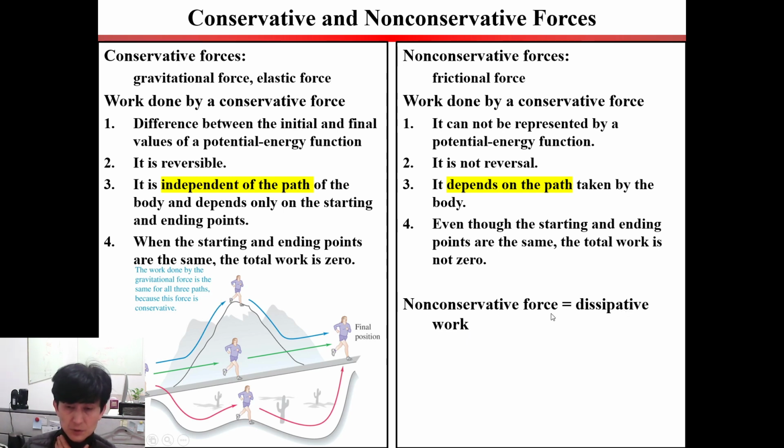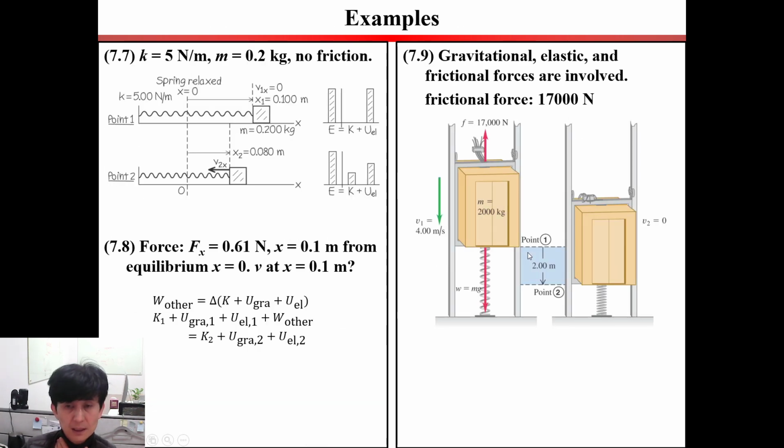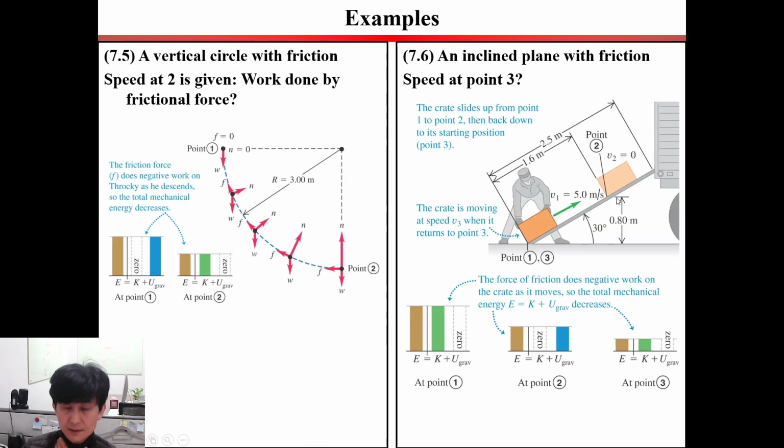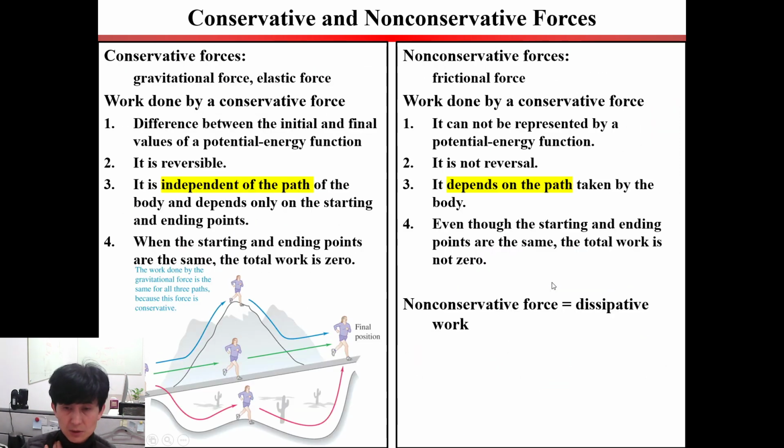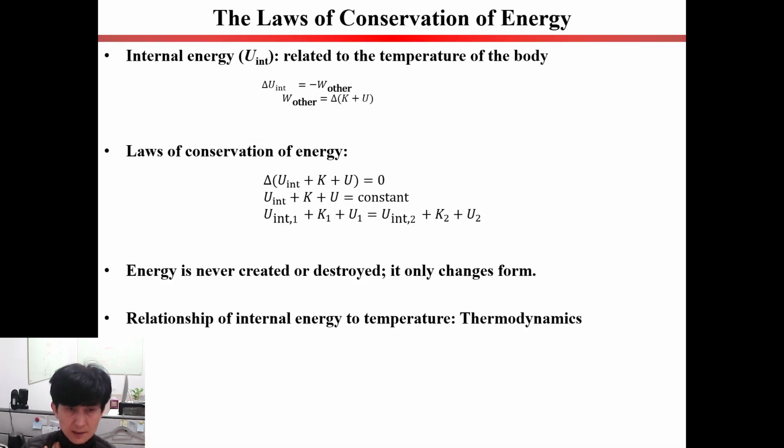For example, frictional force provides heat and sound. If there is a frictional force between an object and a surface, it may provide heat as well as sound. And so the energy is lost to heat energy and sound energy and so on.